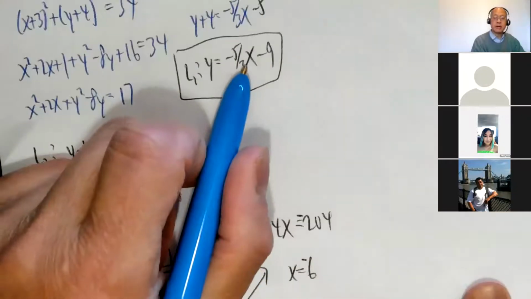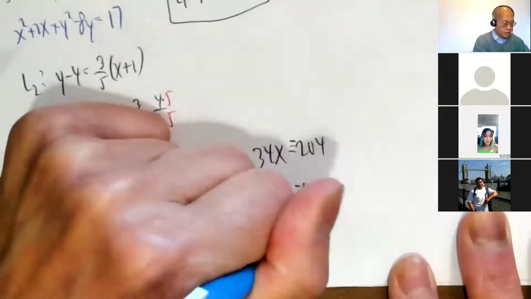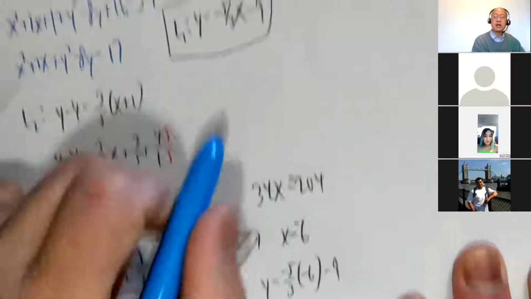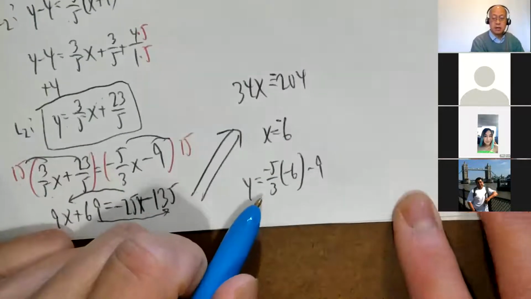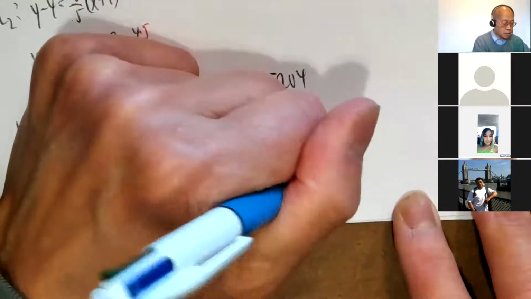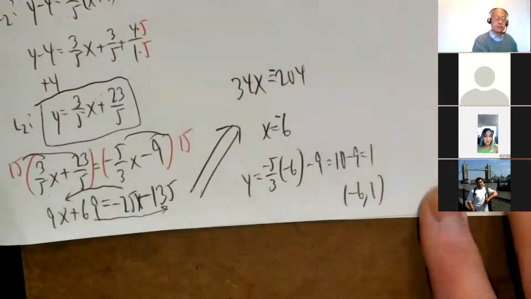Okay. And how about I plug it in here? Negative 5/3 times -6 minus 9. So that's going to be 10 minus 9, 1. -6, 1.